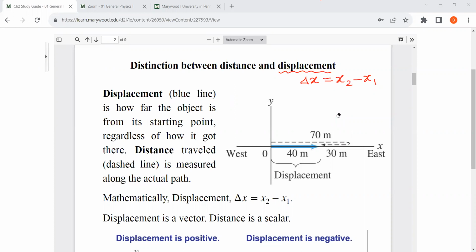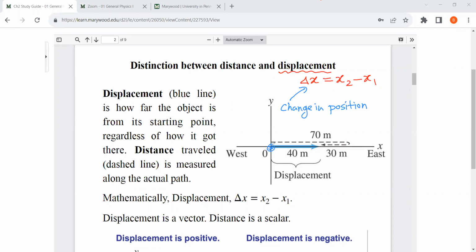So delta x is also called the change in position. Okay, so you see that here the person starts from this position.